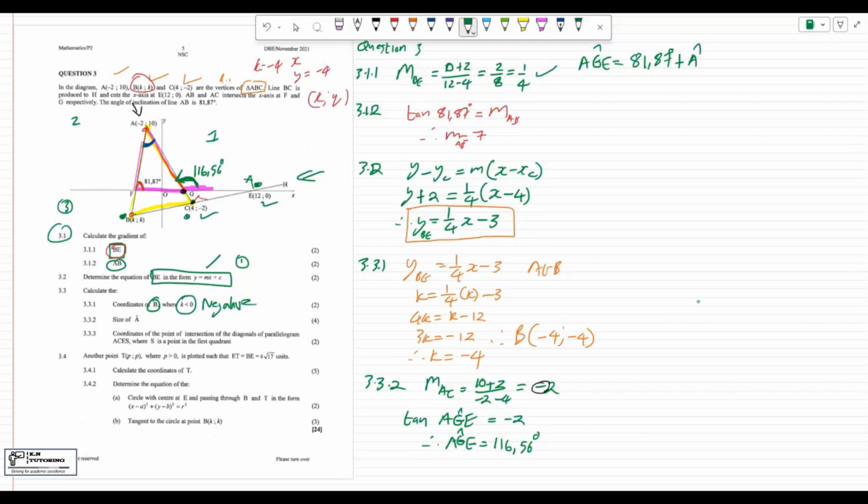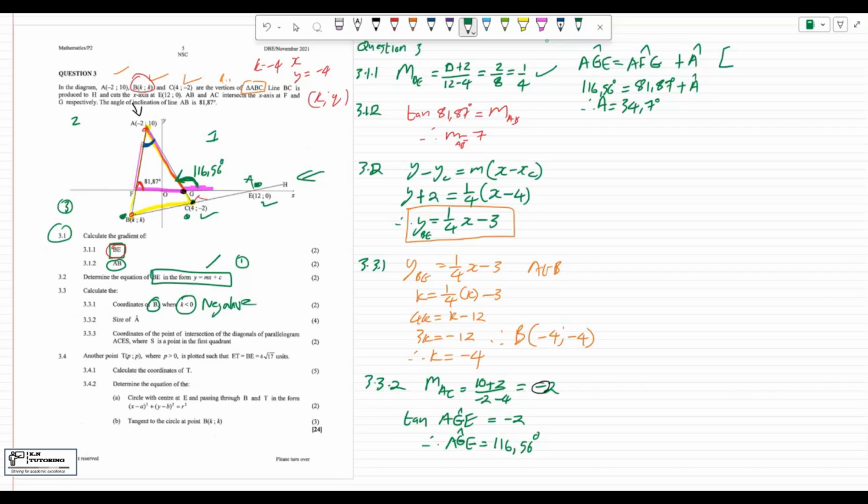So I'm going to substitute: 116.56 degrees is equal to 81.87 degrees plus angle A. Therefore, A is equal to 116.56 minus 81.87, and that gives you 34.7 degrees.